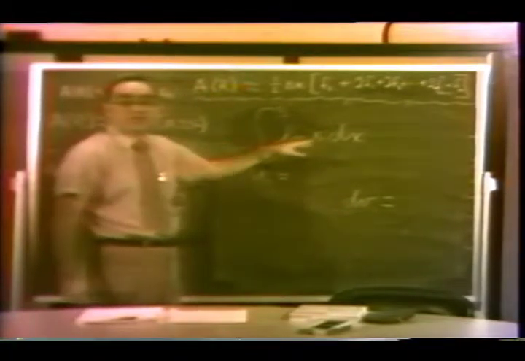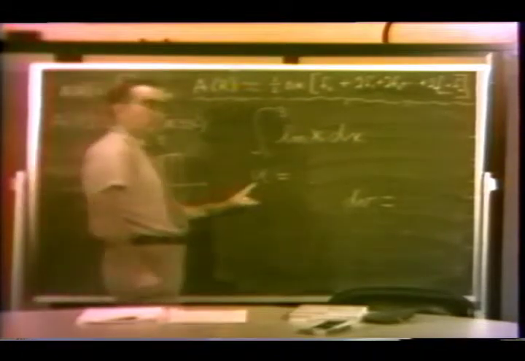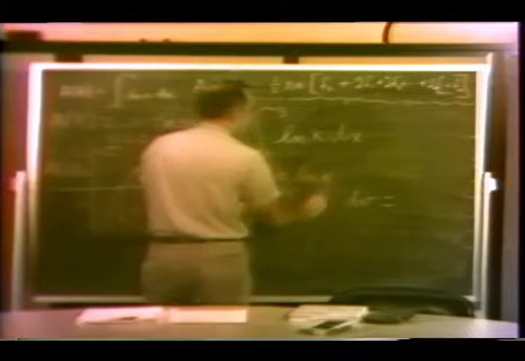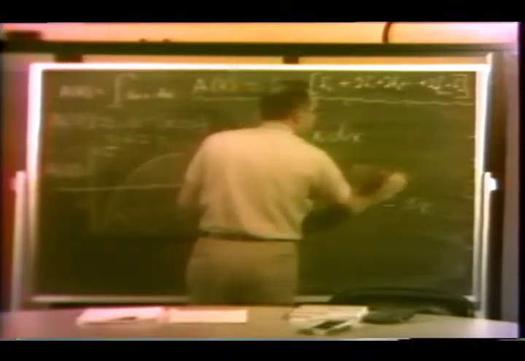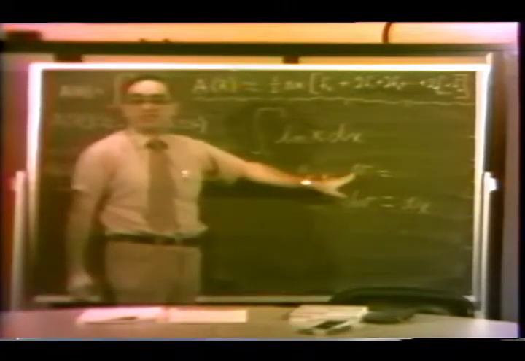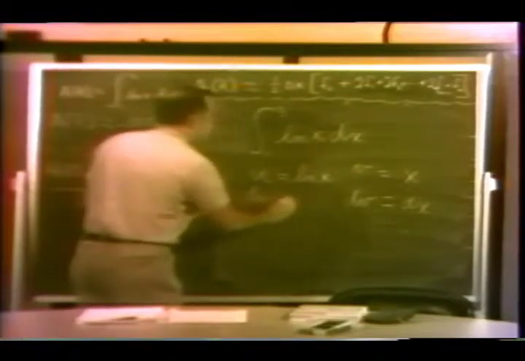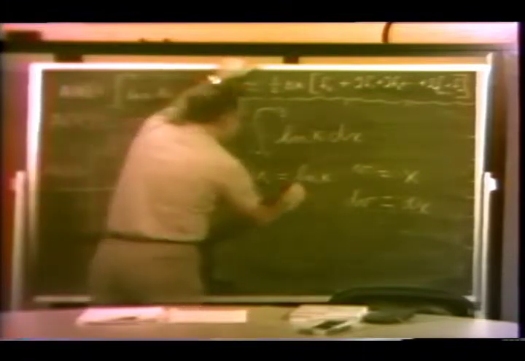What are you going to pick for u? ln of x, leaving us dx for dv, which leaves us v. What's v? Right. And then du is 1 over x dx.